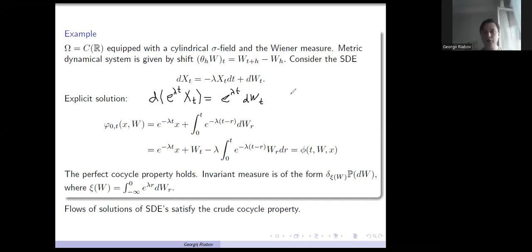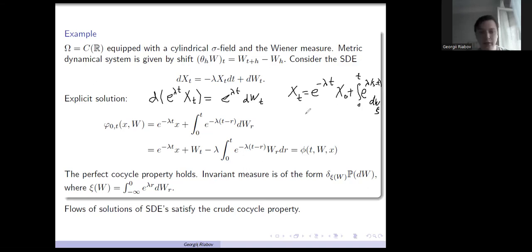So from this, X_t is equal to e^(-lambda t) X_0 plus the integral of e^(lambda(s-t)) dW_s.